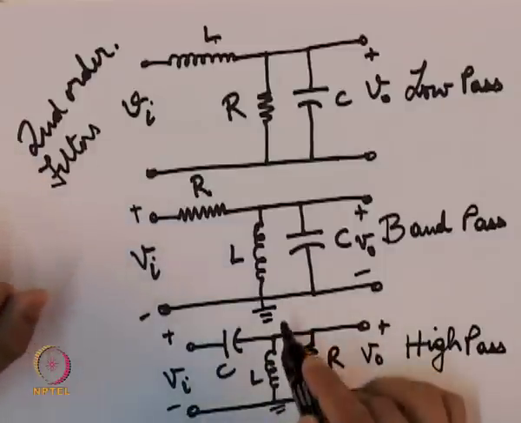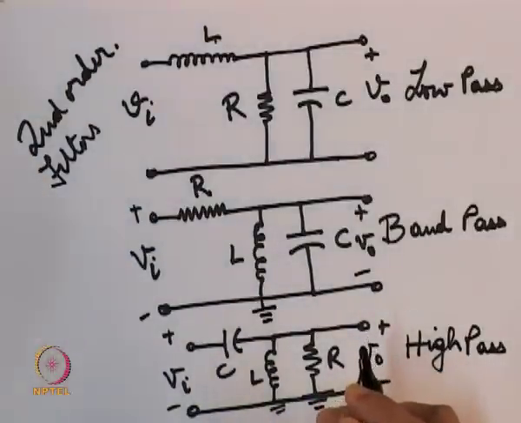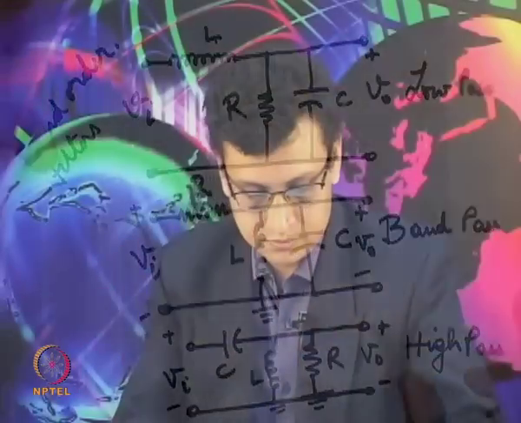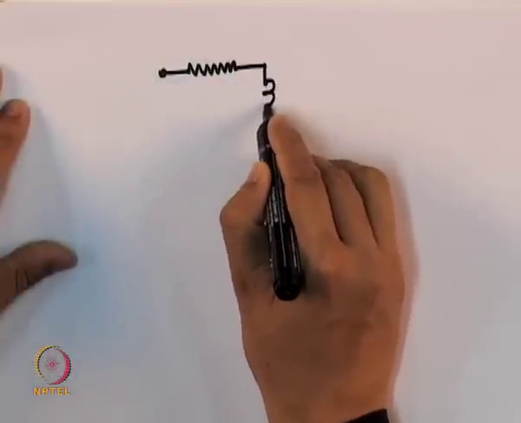So, these two circuits can be implemented using that active inductor circuit which I mentioned, for a high pass and band pass filters.